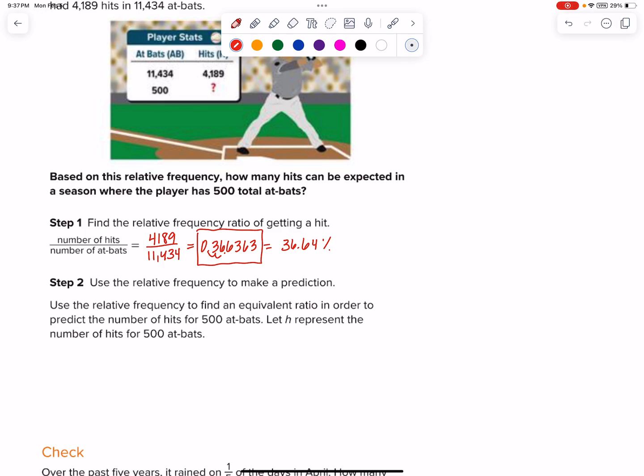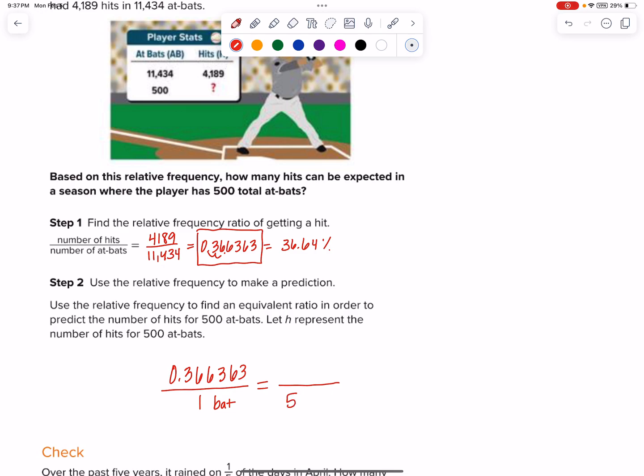So if we go ahead and create a proportion, right? When we want to predict things, we make a proportion. So we have our 0.36663, we'll just go to there again, per one bat. Okay, this is hits, and we set it equivalent to what we're trying to predict.